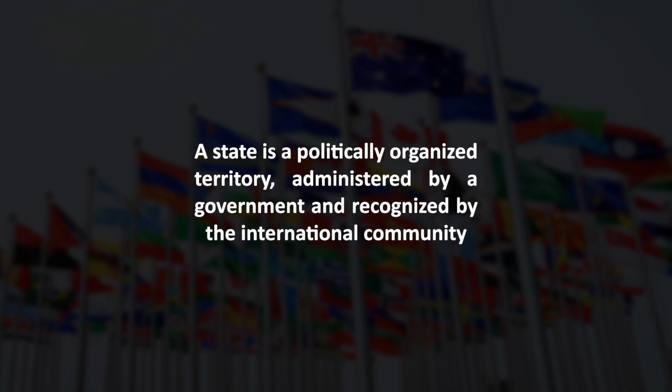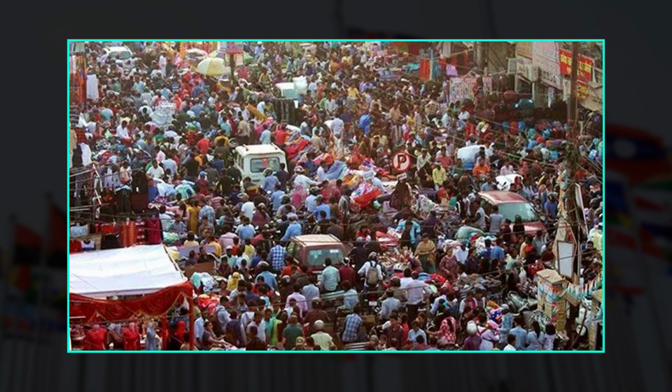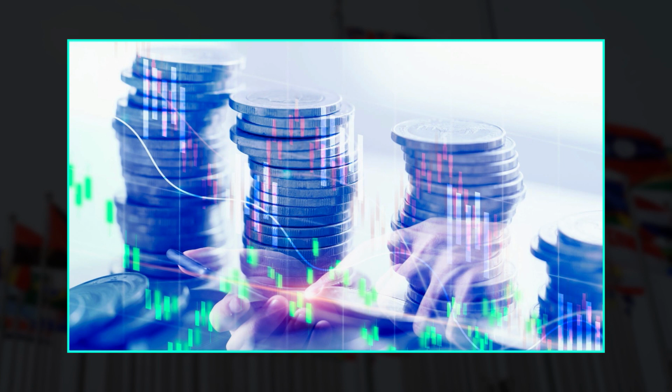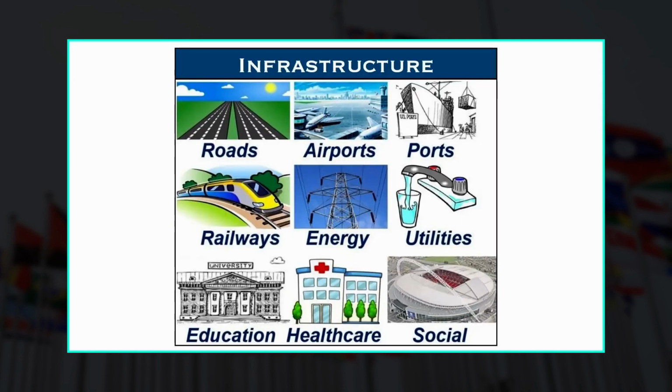On the other hand, a state is a politically organized territory administered by a government and recognized by the international community. Other characteristics are a permanent population, an organized economy and a functioning internal circulation system, that is the infrastructure.